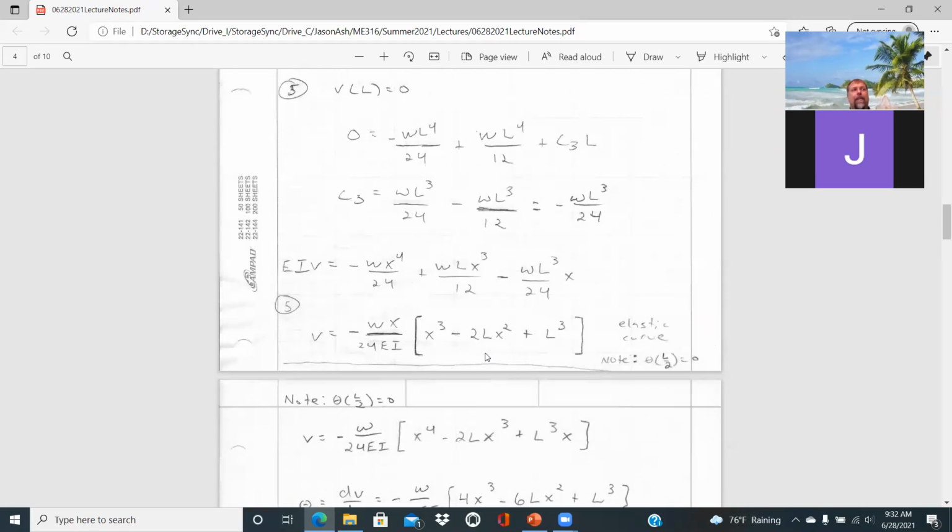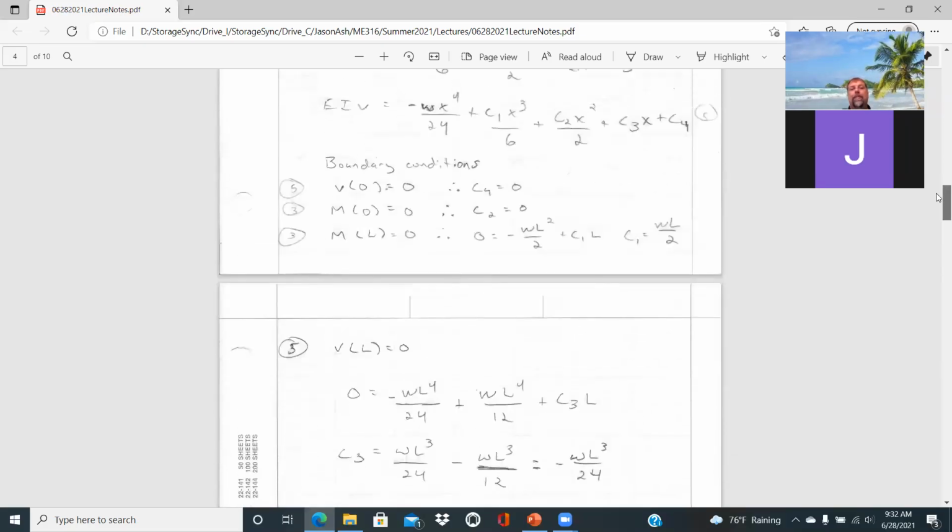If you have a W that's varying with respect to x, that would show up all the way back here. Instead of putting in minus W, it would be whatever your distributed load is as a function of x, and then you could integrate that through.